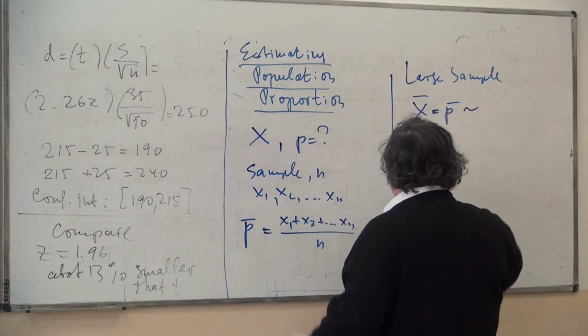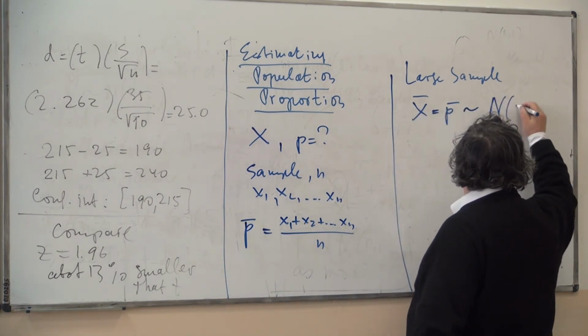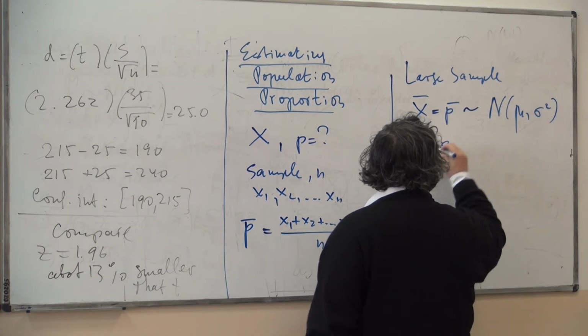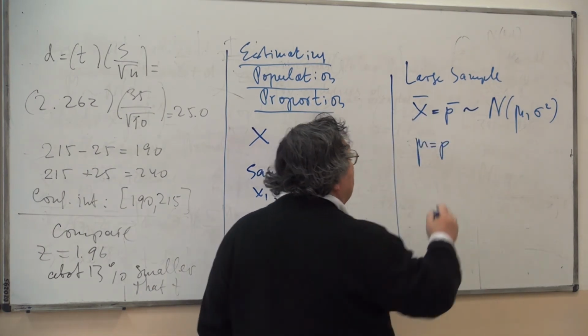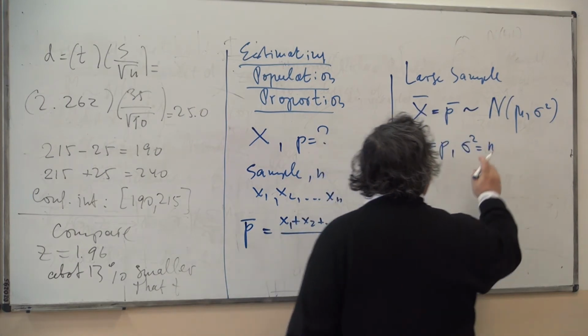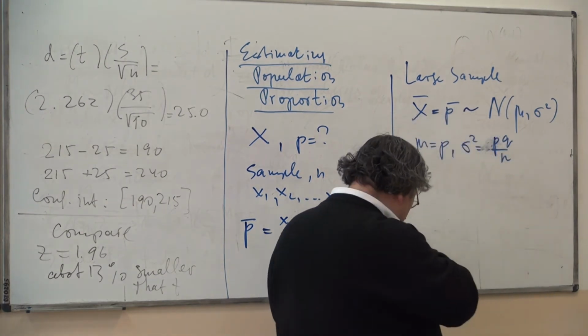Okay, and it's distributed by the normal law. And mu here is p, which is not known. And sigma squared is p times q over n.